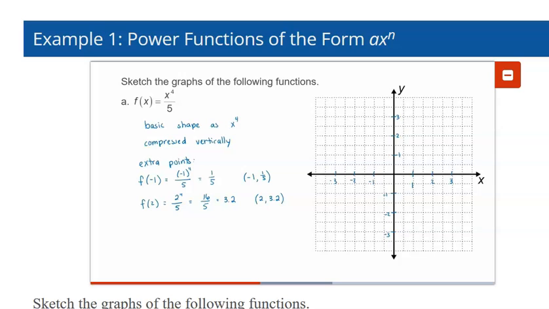So to graph, I'm going to plot the point -1, 1/5, which is approximately 1/5 above the x-axis. And I'm going to plot the point 2, 3.2. Since this has the same basic shape as x to the 4th, we know that it also goes through the origin. And I sketch the basic shape of x to the 4th going through the points -1, 1/5, the origin, and 2, 3.2.